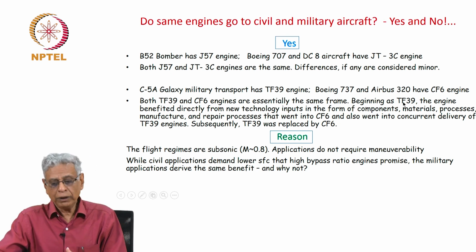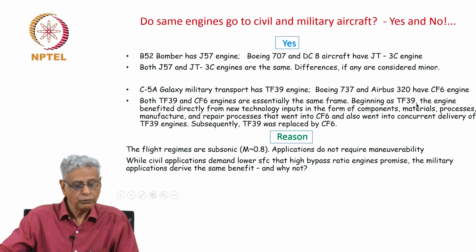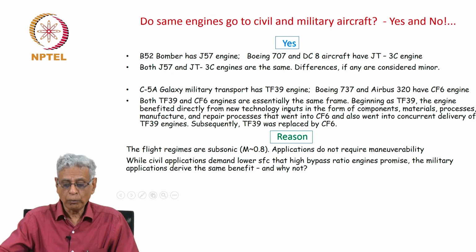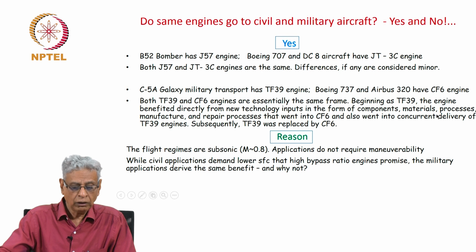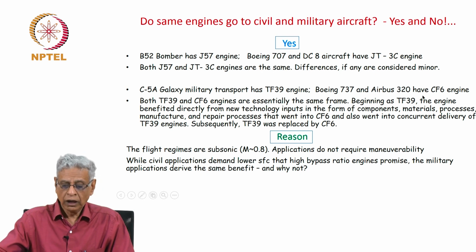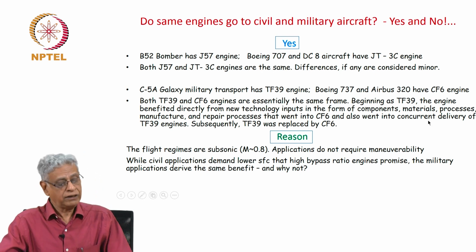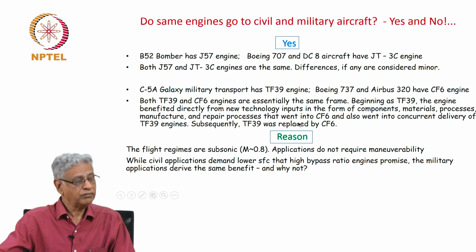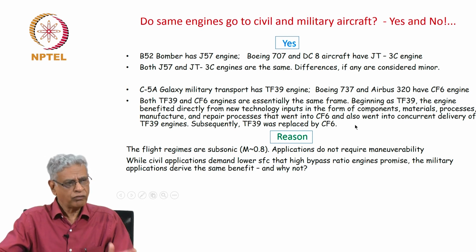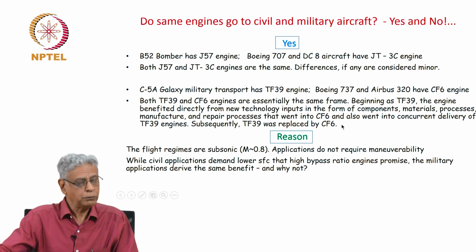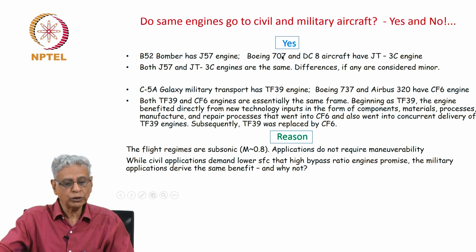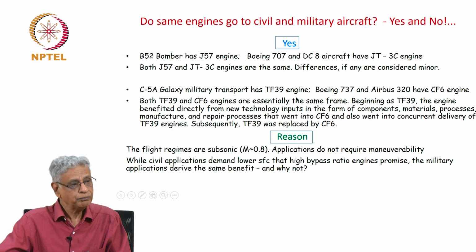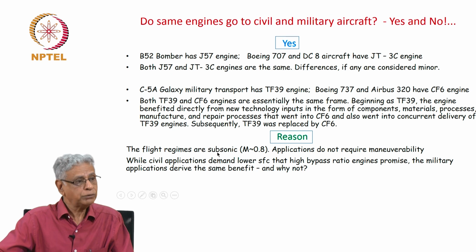In fact, it began as TF-39, and the engine benefited directly from the new technology inputs in the form of components, materials, processes, manufacture and repair that went into CF6, and also went into concurrent delivery of the TF-39 engines. Of course, later TF-39 was replaced by CF6. Why do I say that the same engines go to civil and military aircraft? That is because the flight regimes are subsonic.